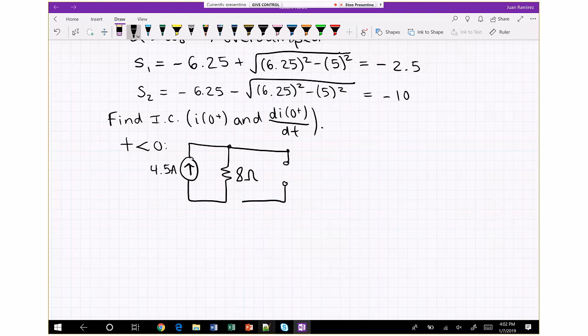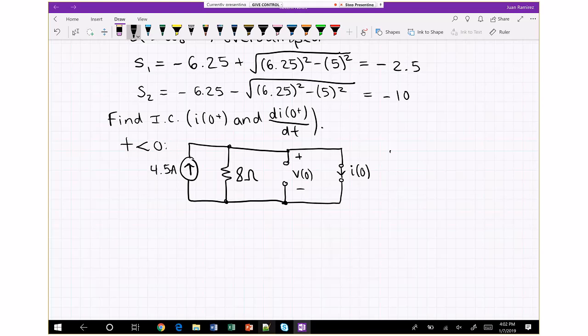Capacitor represented with an open circuit because this is a steady state condition. And inductor represented with a short circuit, again steady state condition.